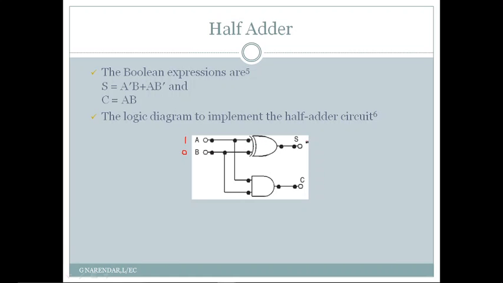When 1 and 0 are the inputs, the output of the XOR gate is 1, as the two inputs are different. These are also the inputs for the AND gate, and when 1 and 0 are the inputs, the output of the AND gate is 0. So the half adder circuit, when adding 1 with 0, produces a sum of 1 and a carry of 0. So this is also okay.